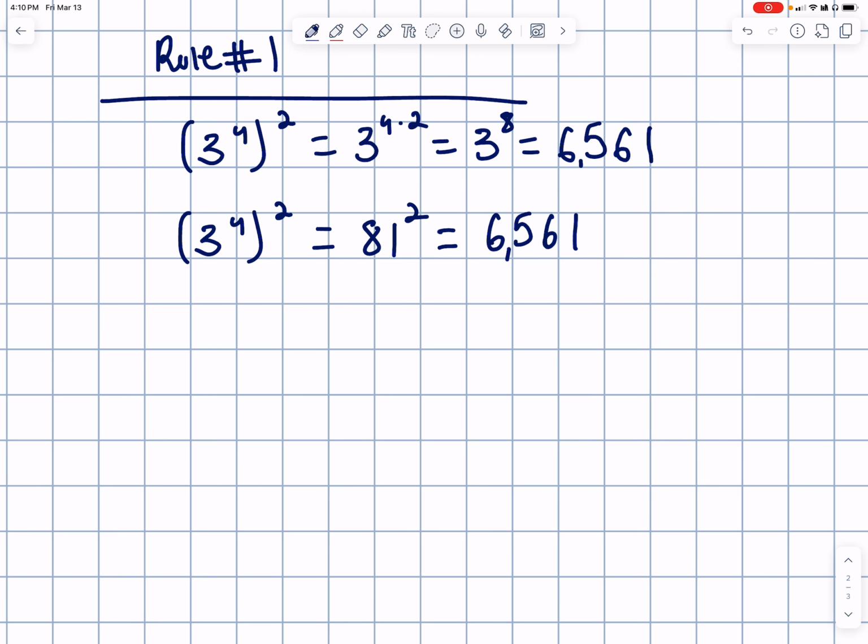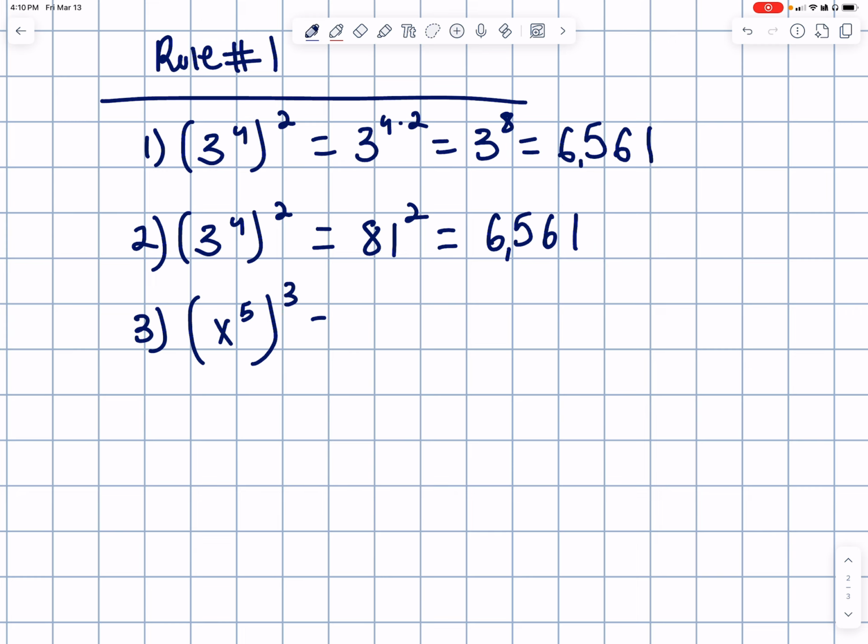Let's go ahead and do another example. So this is example number one, example number two, I guess, and then example number three. And we have x to the 5th power in parentheses to the 3rd power.